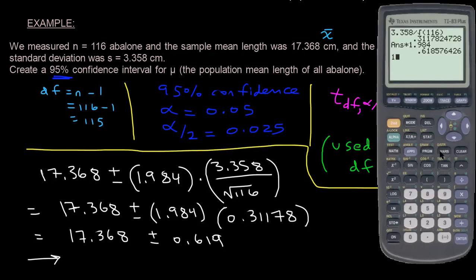We need to do the 17.368 minus the margin of error, and then repeat, but this time plus the margin of error. These two values that we just computed are the bounds. We've got the lower bound and the upper bound for this confidence interval.